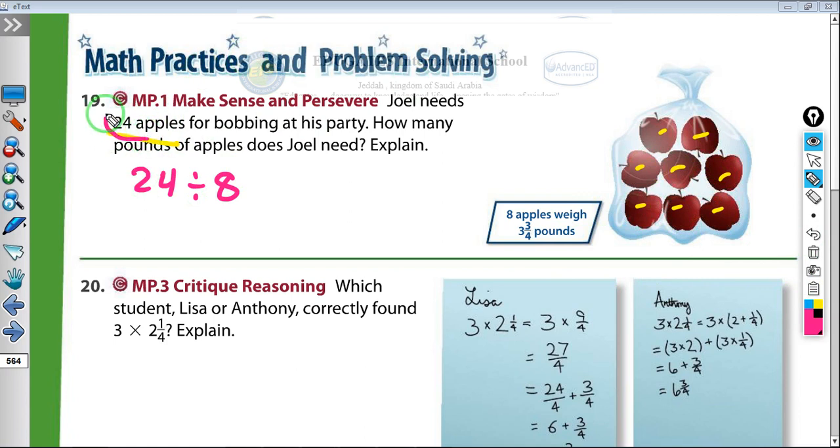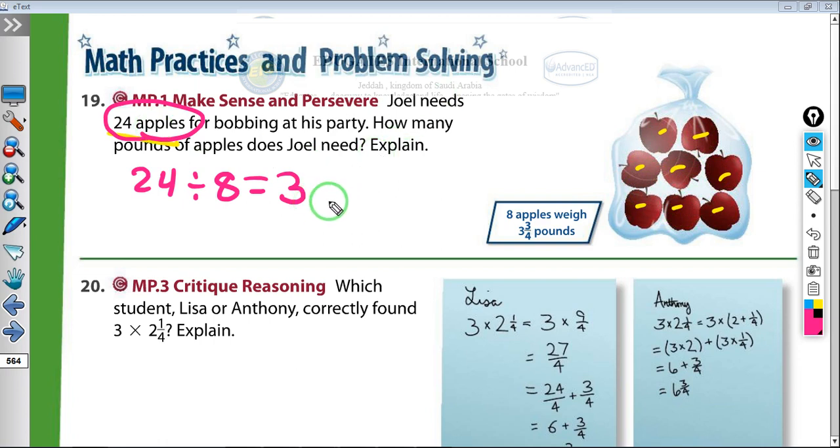So the 24 apples will be in 3 bags. 2 bags for 16, 3 bags for 24. That's why there are 3 bags.